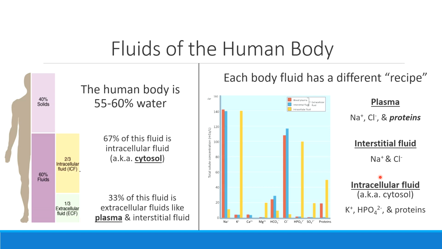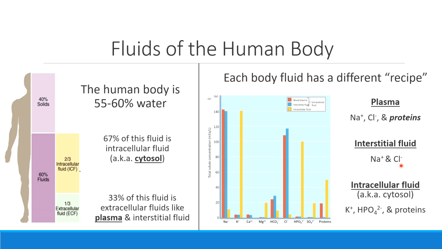And when we talk about what's inside our cells, the key players are really potassium, more of those proteins, and hydrogen phosphate, which we'll talk about soon as a buffering system inside your cell. But I really want to hone in on the fact that intracellular fluid has a lot of potassium, whereas my extracellular fluids have a lot of sodium and chloride.